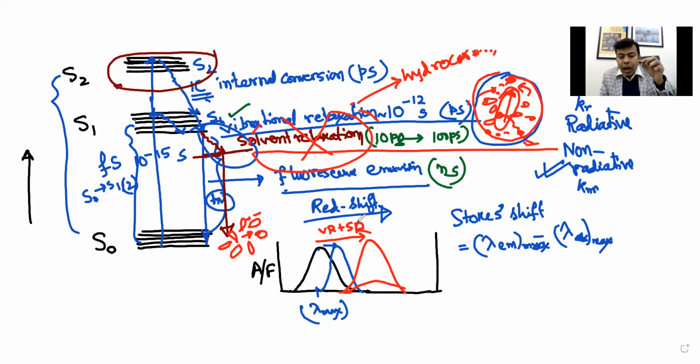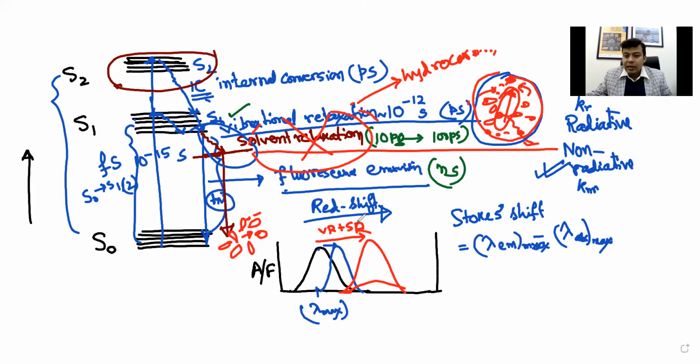Therefore, by looking at the fluorescence spectrum, you will be able to make an assessment of what solvent this is, or what kind of nature the solvent has. If there is a lack of solvent relaxation, because there is no solvent relaxation in a hydrocarbon solvent, then of course you also don't lose fluorescence, because it doesn't extensively interact with the dipolar medium to dissipate the energy.